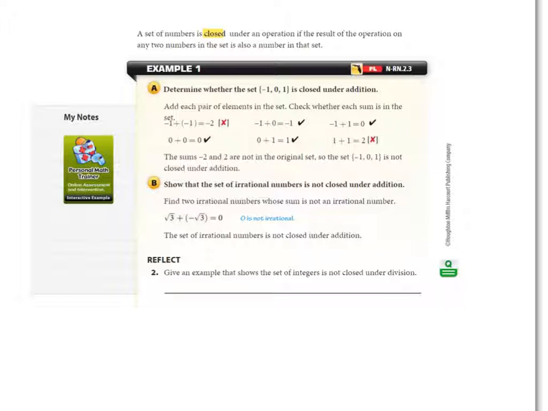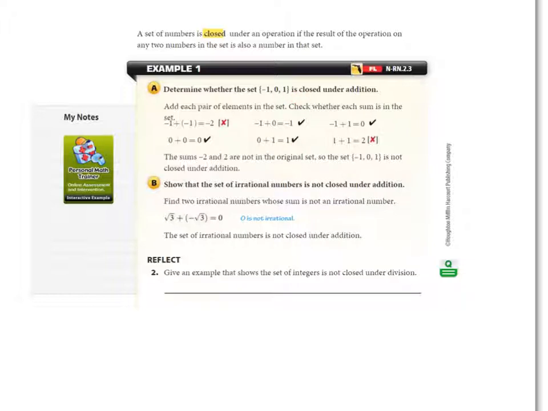So you start by adding the number with itself, so -1 plus -1, and then you would add the -1 with the next number, -1 plus 0, and then the next number, -1 plus 1. So we did all the negative ones, then we switched to 0. Well, you take 0 and add it to itself, and then you add it to 1, and then you move to the next number, the 1.